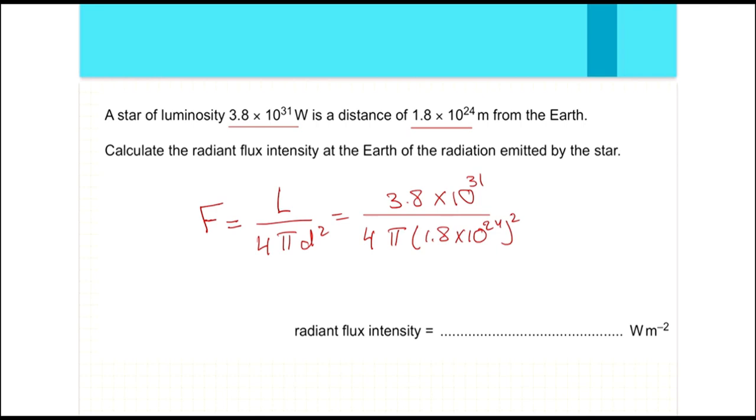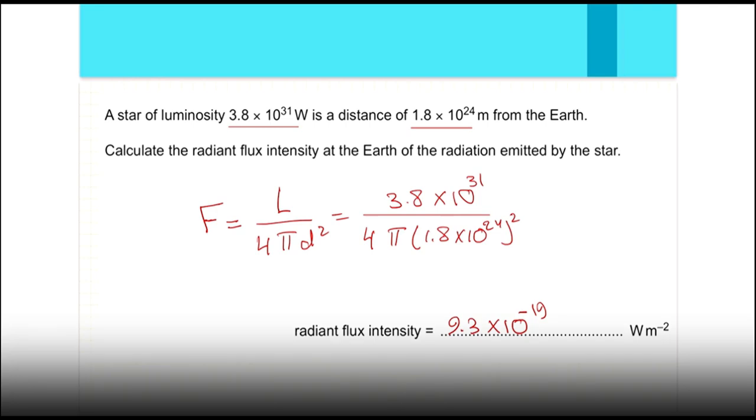The answer is 9.3 times 10 exponent negative 19 watt per meter squared.